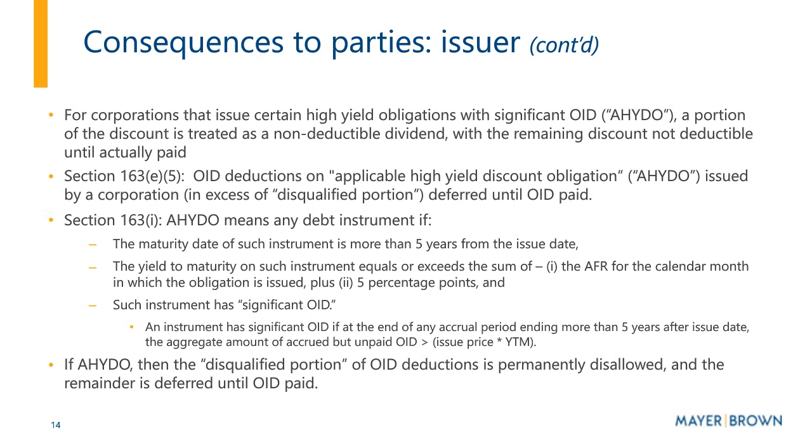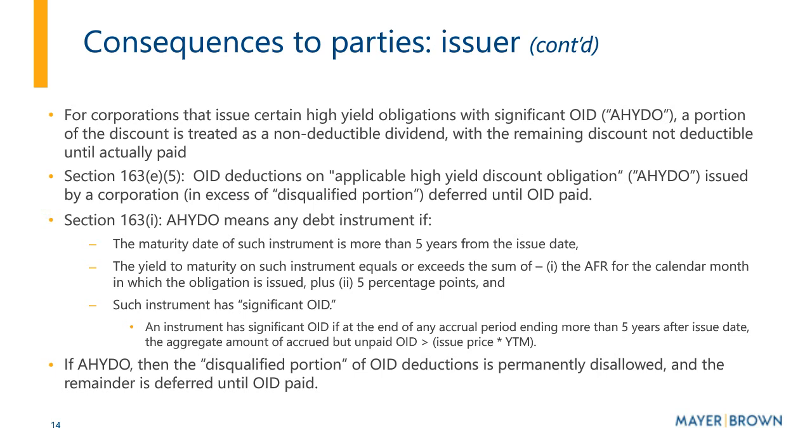So I guess the general rule for OID is that OID is deductible to an issuer as it accrues, and it's includable by the holder as it accrues. But if something is an AHIDO, then special rules apply.